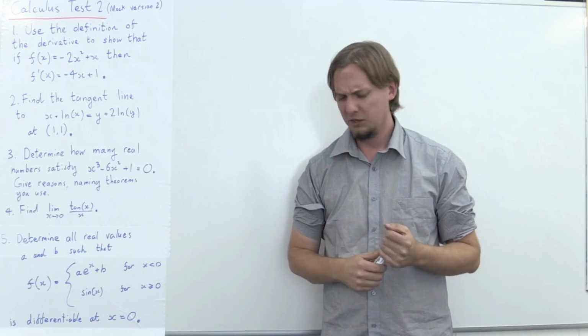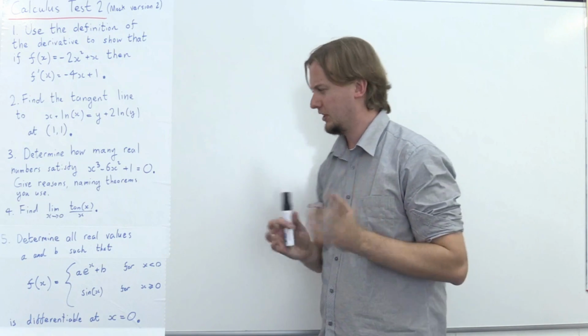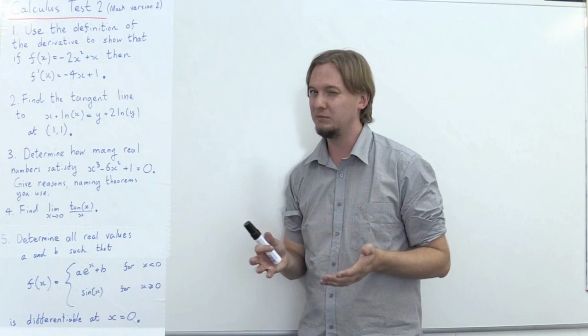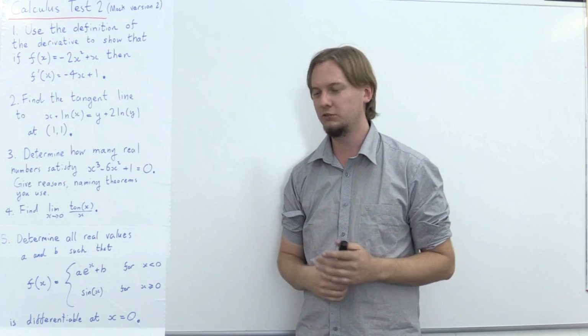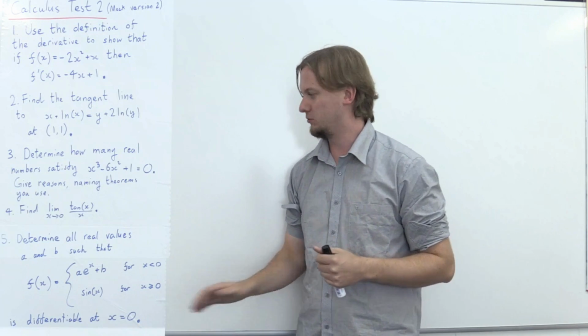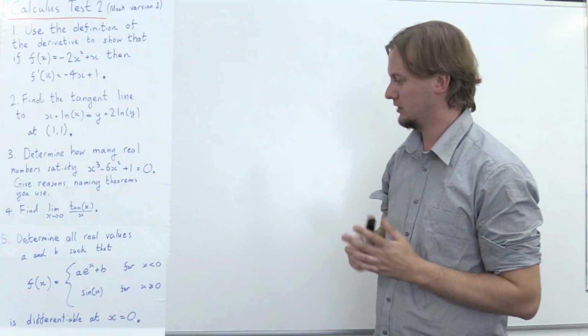And now you want to find all real numbers a and b such that this thing becomes a differentiable function. Well, an important thing about a differentiable function is that if a function is differentiable at a point, it has to be continuous there. So the first thing I should do is make sure this function is continuous.